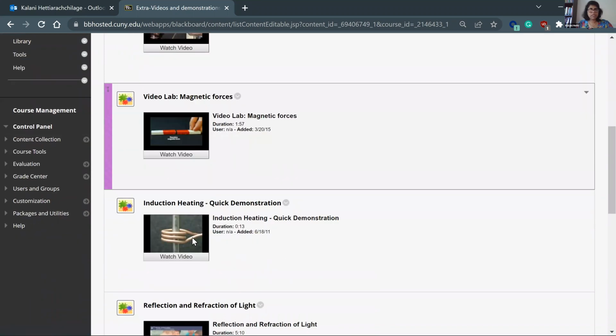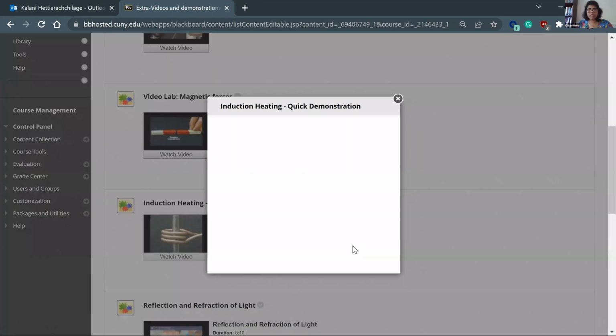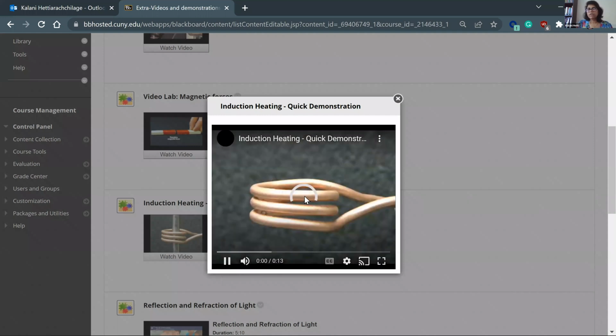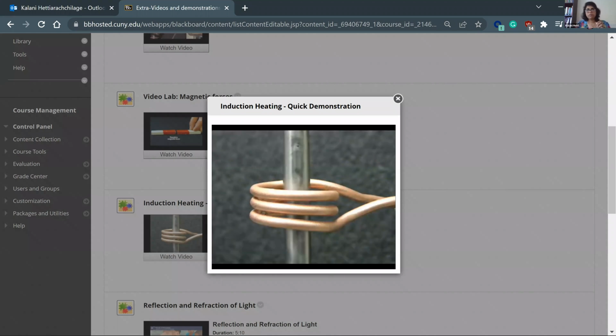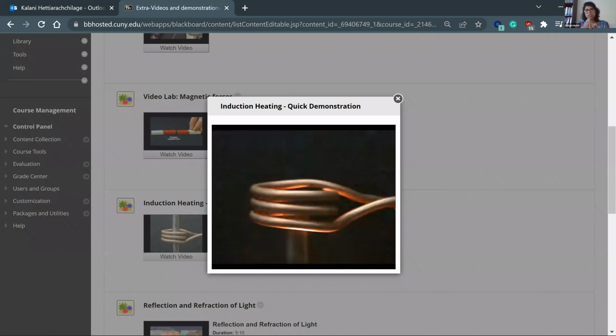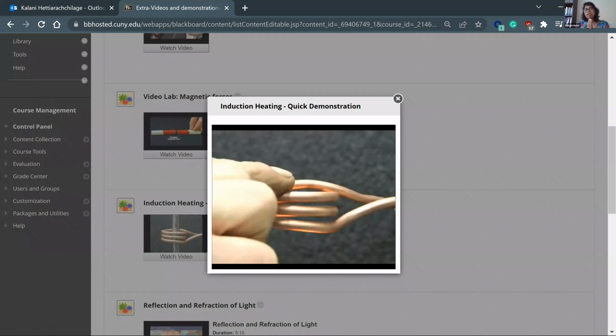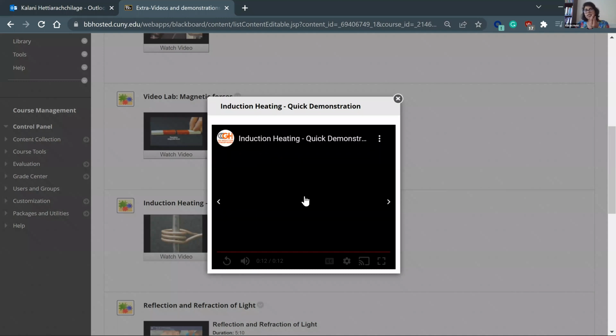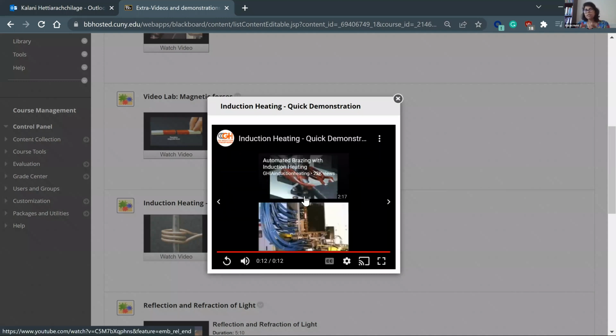This is the video I have for the induction coil. You have a coil, and that coil has a current. The metal piece is not touching the coil anywhere, but it will make heat. That is what we call induction heating.